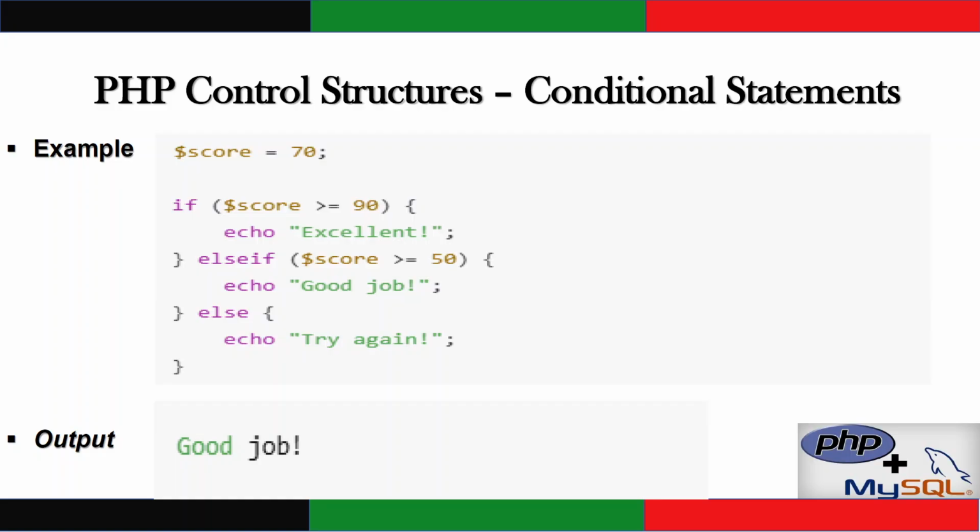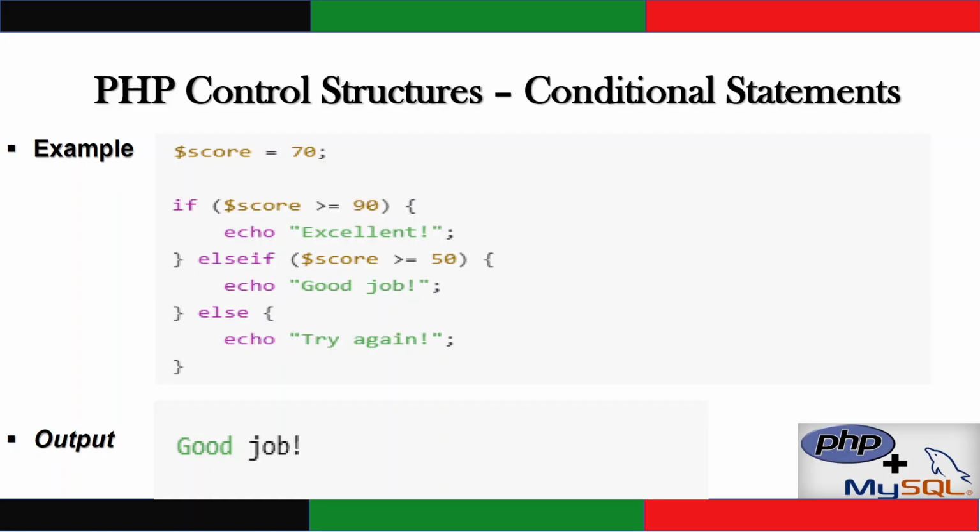Now, since this condition has already turned out to be true, we're going to skip whatever is remaining down there. That means the else part, we are not going to touch it. We would only touch the else part, which is displaying try again, in case all these conditions had failed.